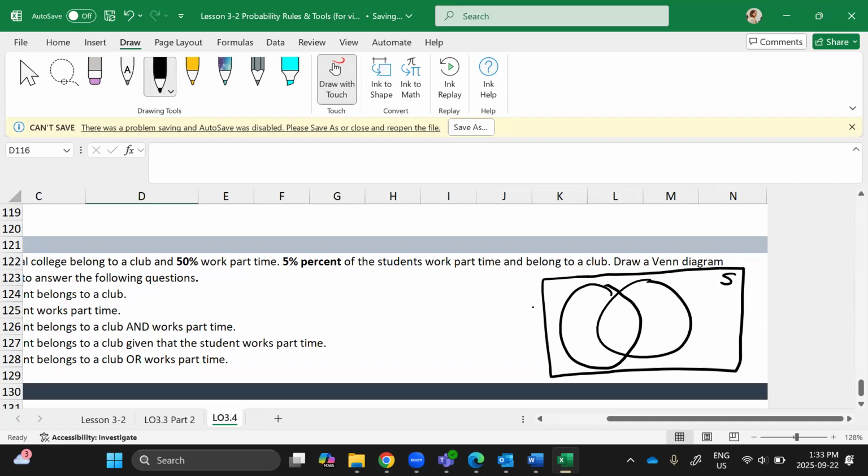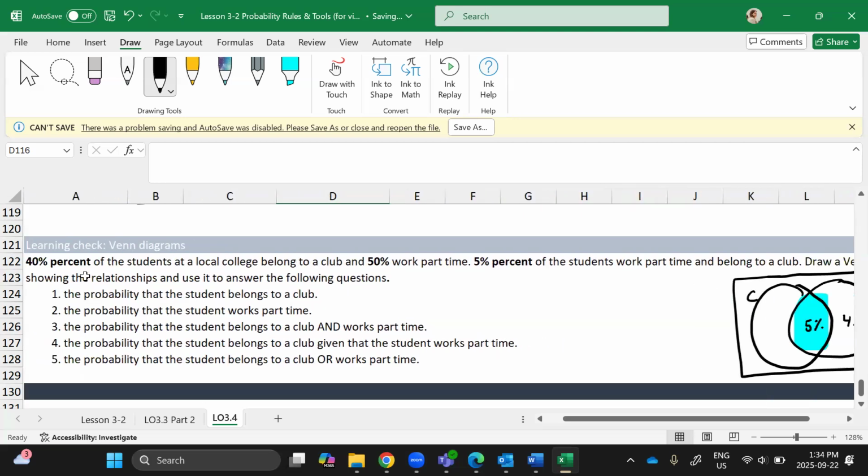More overlap. So club, part-time. So if there's 5% that do both, club and part-time, in the middle, 50% work part-time. So this whole circle for part-time needs to add up to 50%. If 5 is shared, then that'd be 45% left over for people who work part-time but don't belong to a club.